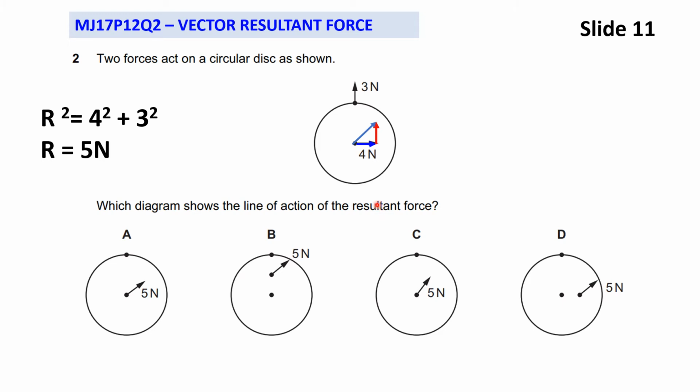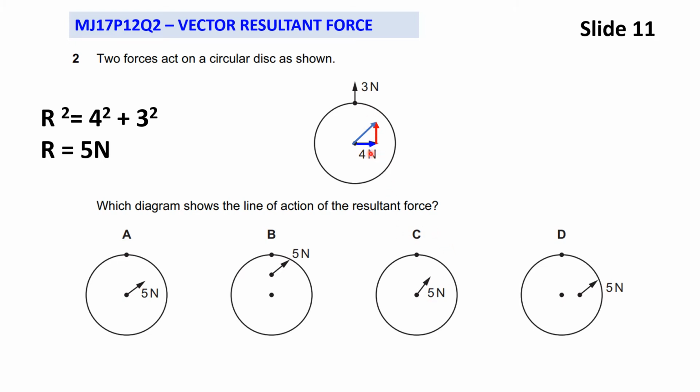The direction of the resultant force is showing right here, from the center to the northeast. Okay, but I see option A and option C are pretty similar. So how will my thought process go to determine which direction is correct?